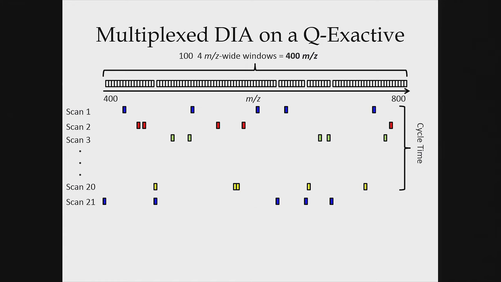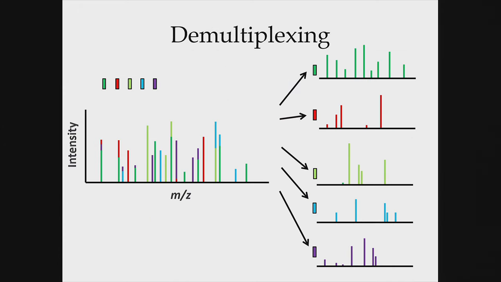You can't guarantee it, but by comparing scans to each other, you're getting information about where each fragment ion came from. So if I was really successful at making these suppositions, you could then take this mixed spectrum, which is a mixture of information from 5 windows, and demultiplex it after acquisition down to 5 demultiplexed spectra.